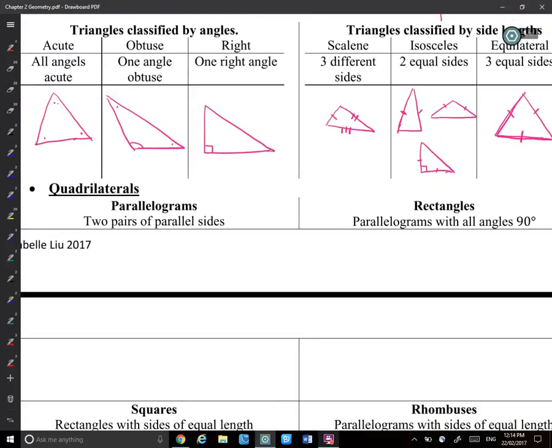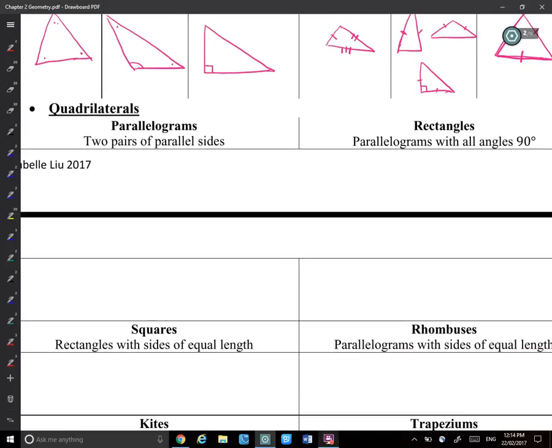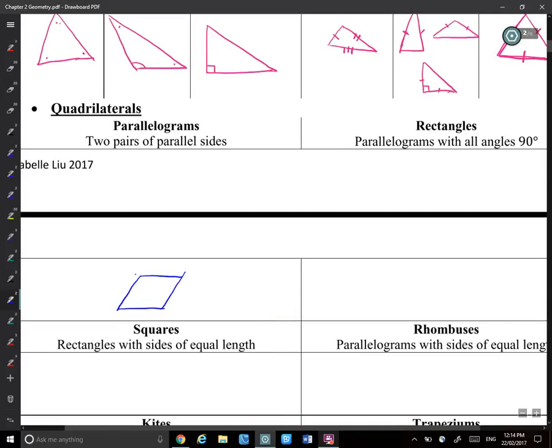So the next one is quadrilaterals. What are quadrilaterals? A shape with 4 sides. So we have the parallelogram. What is a parallelogram?